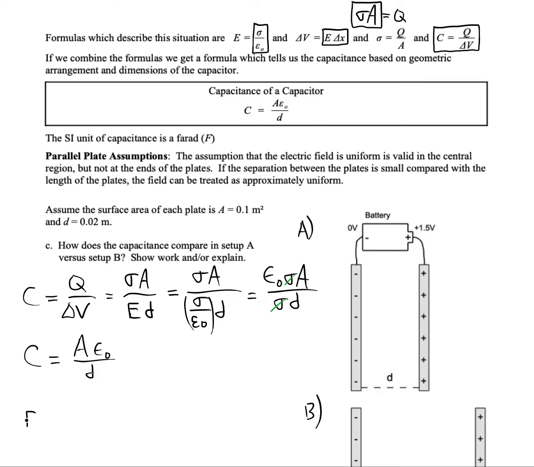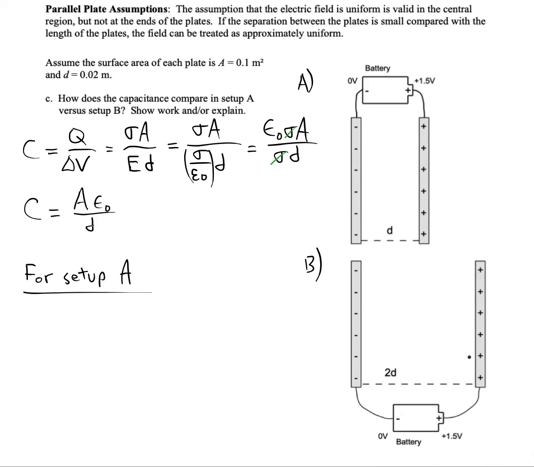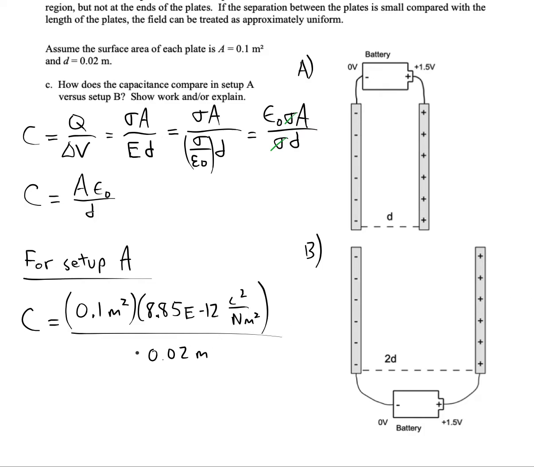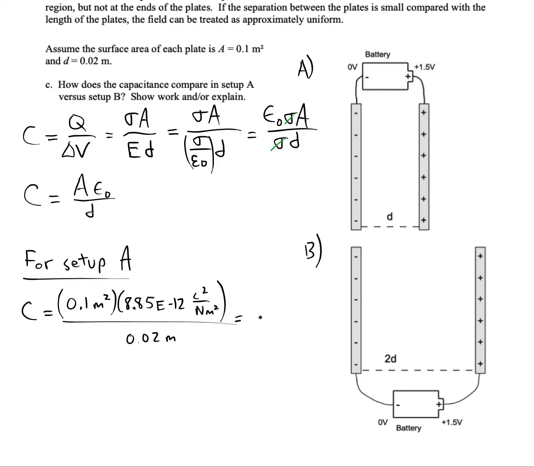All right, let's calculate these capacitances. The capacitance of setup A is 4.4 times 10 to the minus 11 farads.